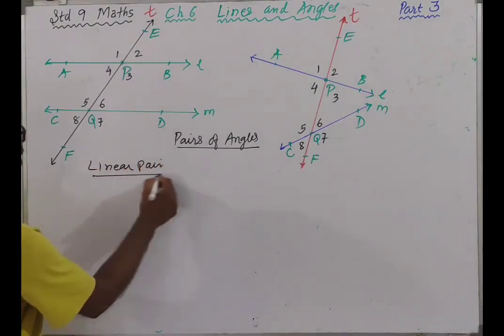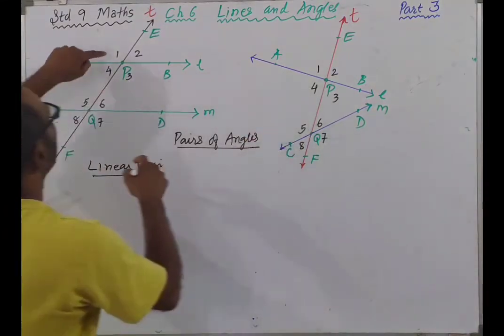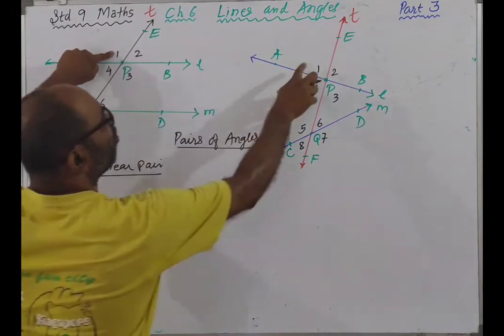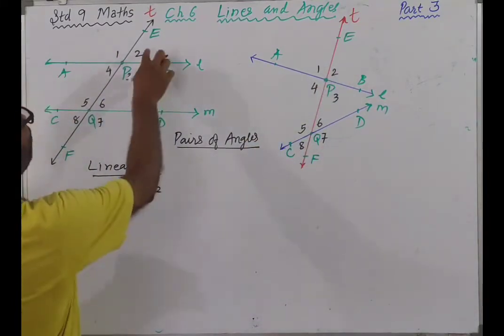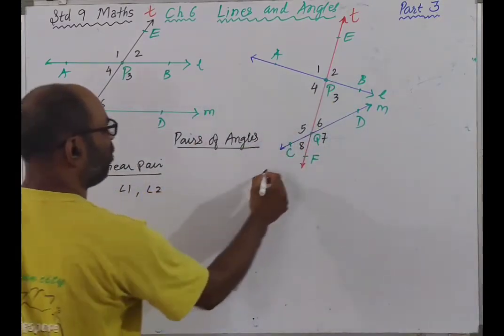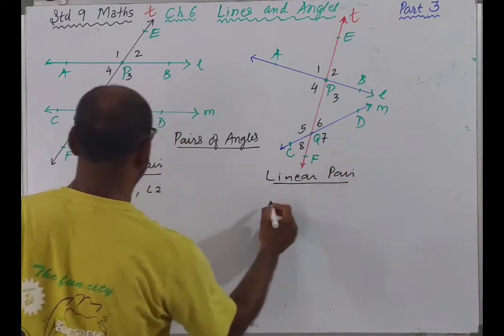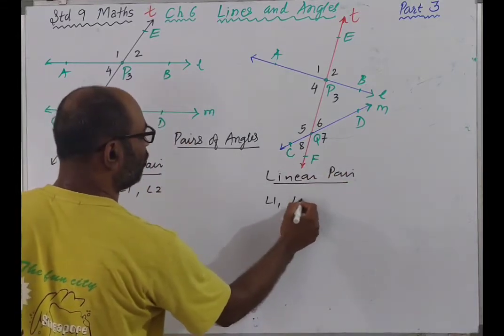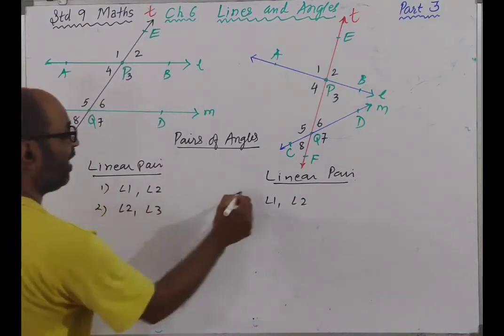Linear pair of angles. Alright, here also the same in both. Angle 1 and angle 2. Angle 2 and angle 3, here also 2 and 3. Okay, at both places I'll write. This is the second pair.